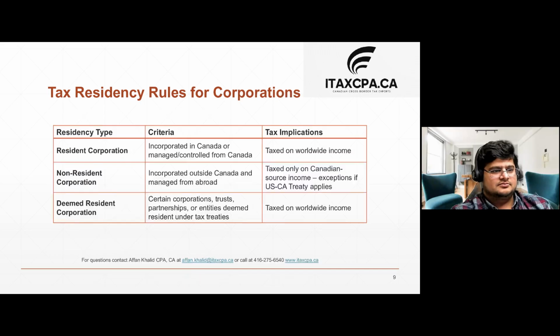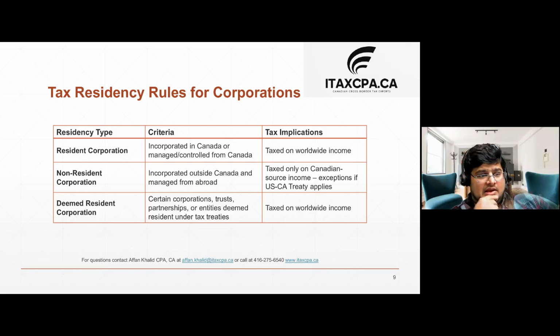Okay, for corporations, it's quite simplified, especially under the tax treaty. I will answer without the treaty first, but I will explain what happens if the treaty applies. If it's a resident corporation, it will be taxed on worldwide income. What is a resident corporation? A resident corporation is a corporation that is either incorporated in Canada or has mind and management in Canada.